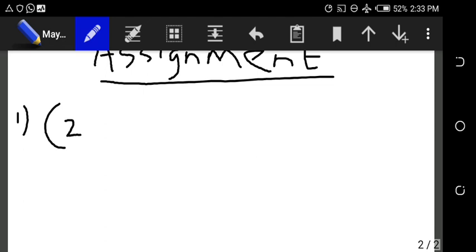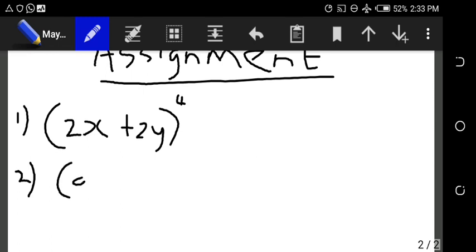Try to expand 2x plus 2y raised to power 4. Alright, and you could also, let me mix it up now, a plus 5b raised to power 3. Alright, so try to solve that out. a plus 5b raised to power 3, and then that is that.